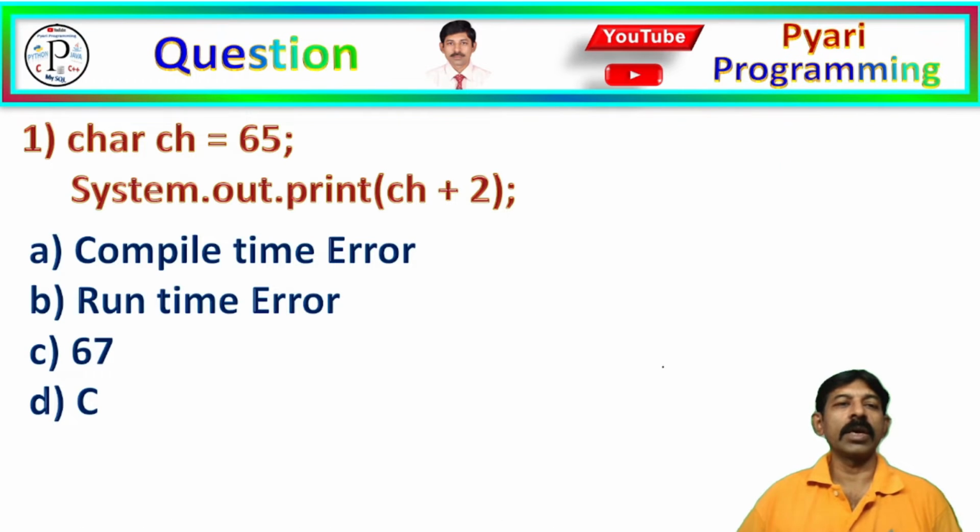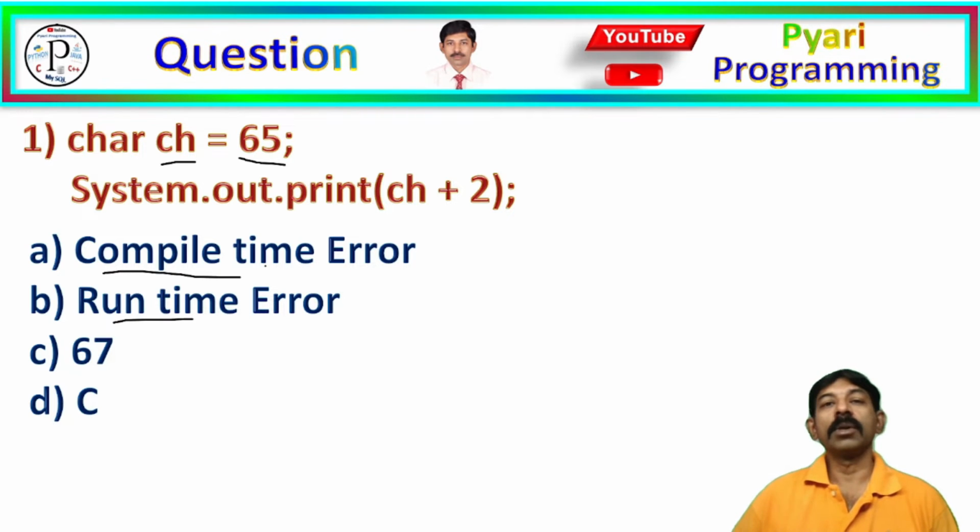The first question says that char ch is equal to 65. Can we assign an integer to a character? If it is no, obviously it is going to generate an error, that is either a compile time error or a runtime error. It is possible that we can assign an integer to a character type variable. Then what will be the value? The value will be A. How?